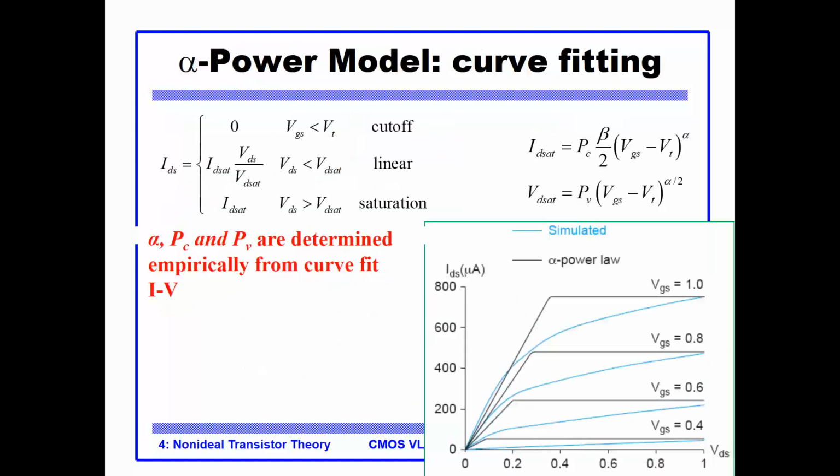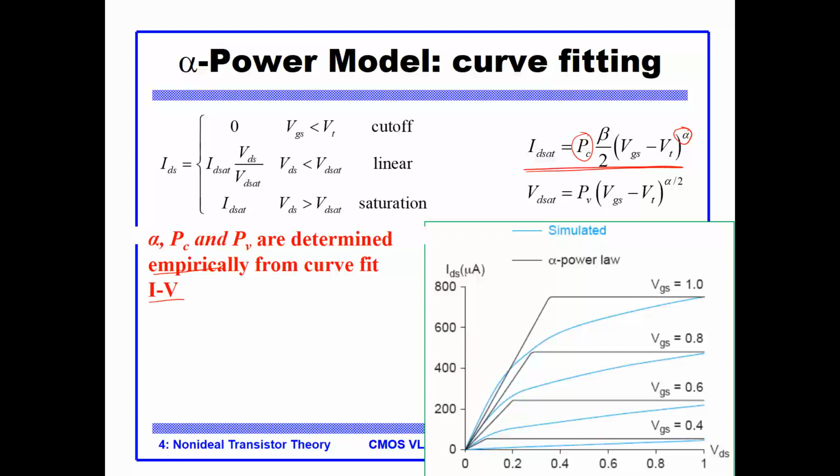Some folks would like to express IDS in relation to VGS in terms of a power alpha, and the rest of these parameters are estimated empirically from the plots, which are the results that engineers measure in the lab.